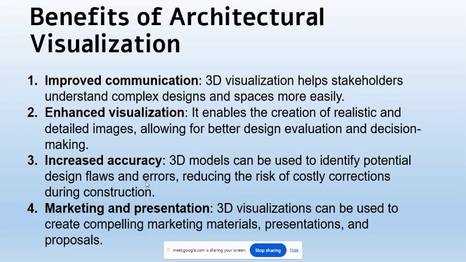Then increased accuracy. So the accuracy is in the essence of, let's say you're designing a car, for example in the idea of product design, or something like Tesla. The Tesla cars, the different Tesla cars that you see, they design inside the 3D software first before they even start manufacturing it.